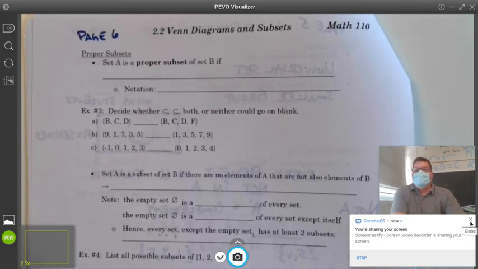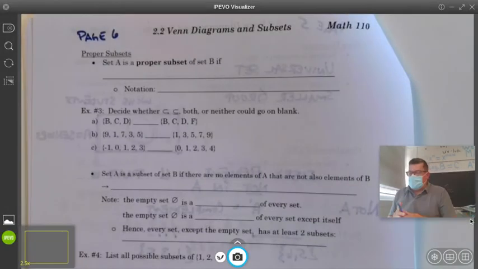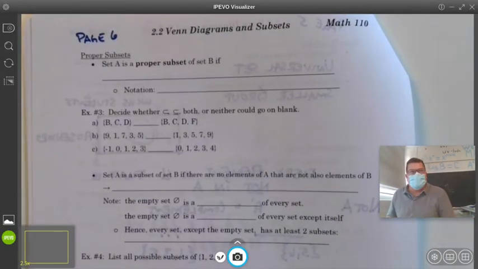Okay, proper subsets on page 6. A proper subset is a subset that has good manners.